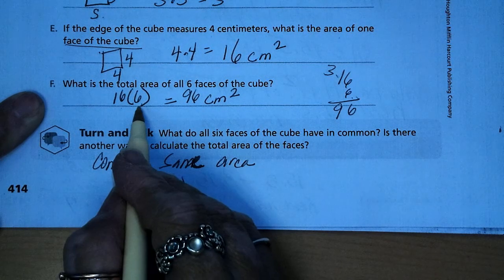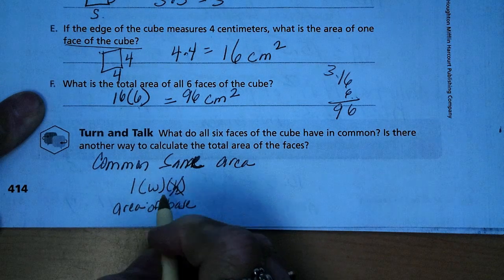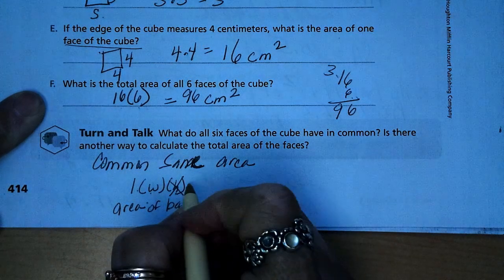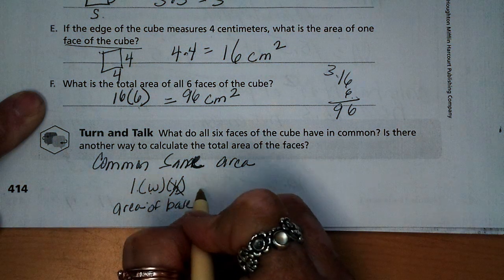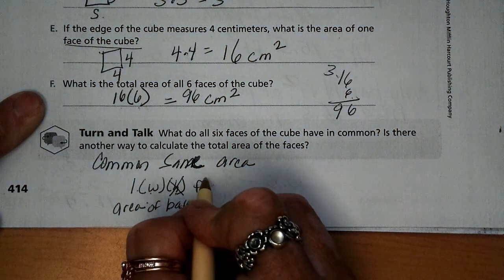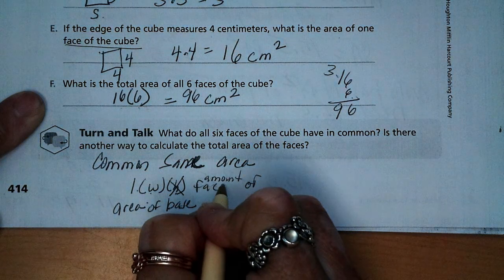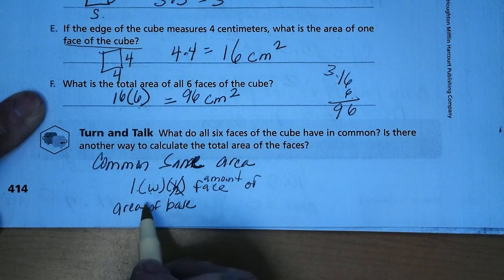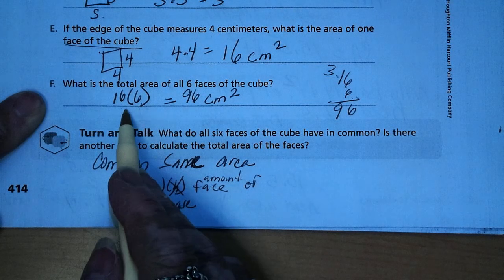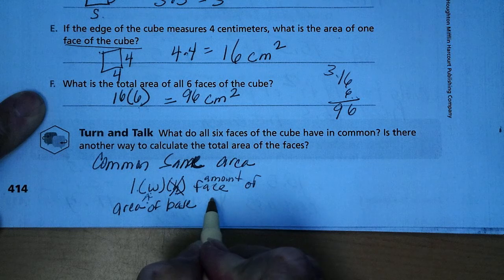So it really isn't length, width, height. It's length times the width times the amount of faces. So we could do it that way, but the way we really did it was we found the area of the face and then we multiplied by the amount of faces.